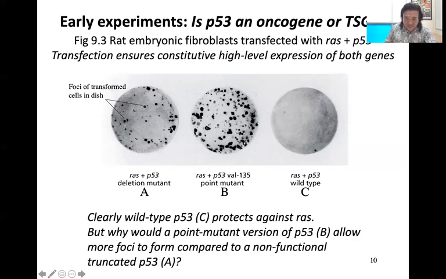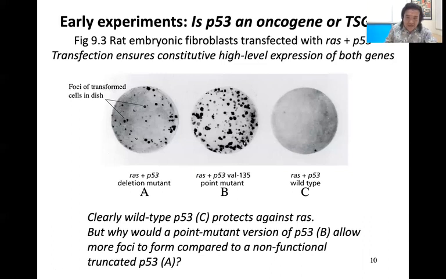How could it be that clearly the wild type p53 in dish C protects against RAS, right? And if you go ahead and truncate the p53 so it doesn't work in dish A, it's a non-functional p53, so RAS is allowed to transform things. But if you actually reconstruct the type of mutation that you see in human tumors in p53, not a deletion, but a point mutation, you actually get increased RAS activity, right?